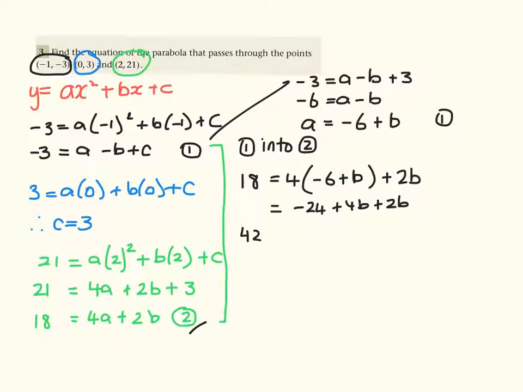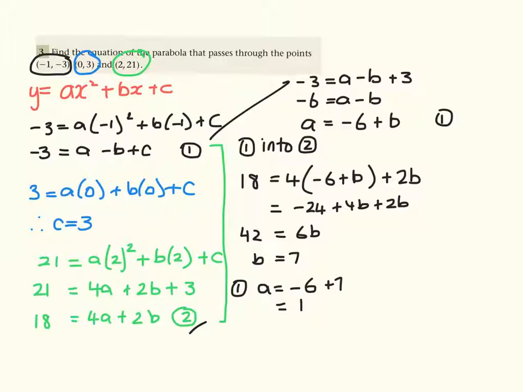And that's 42 equals 6b. And 6 sevens are 42, so b equals 7. So I've got c, I've got b, I need a now. So going back to my first equation, a equals -6 plus 7, which equals 1.